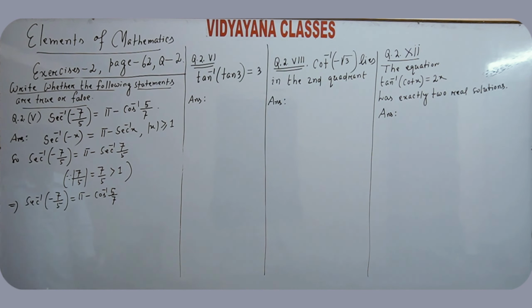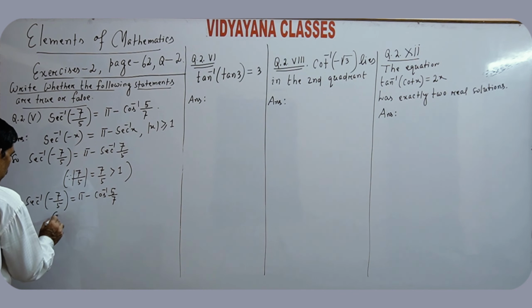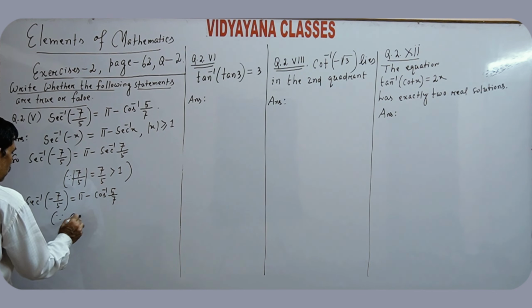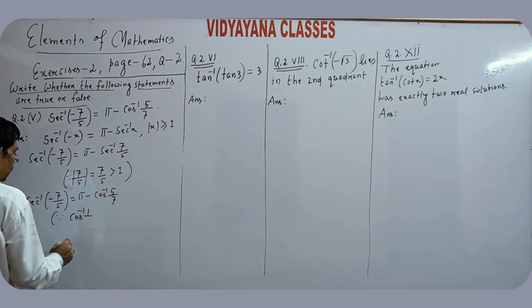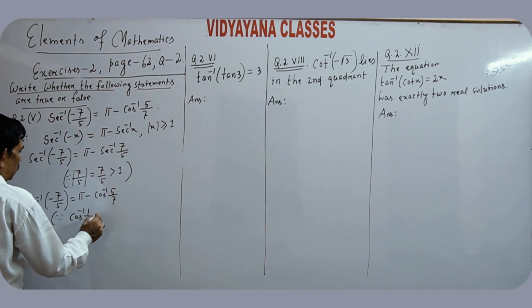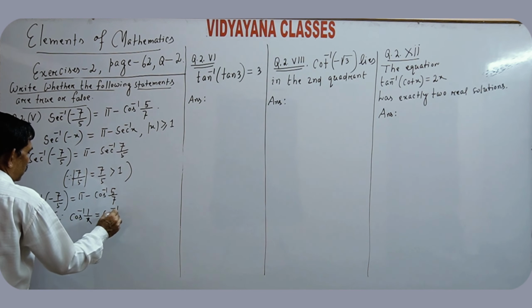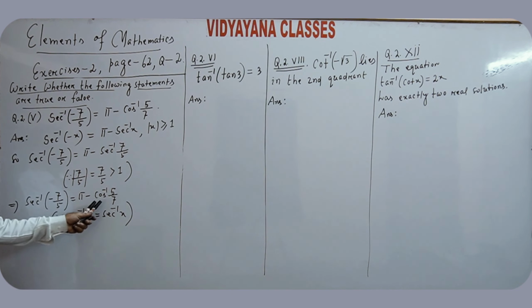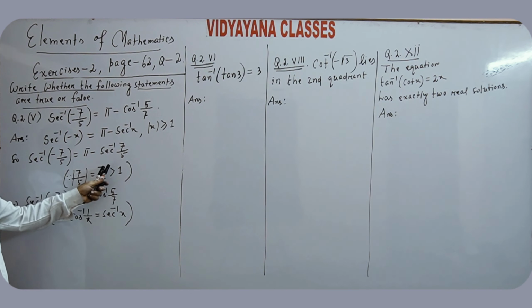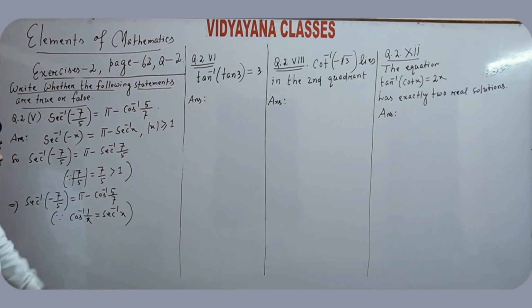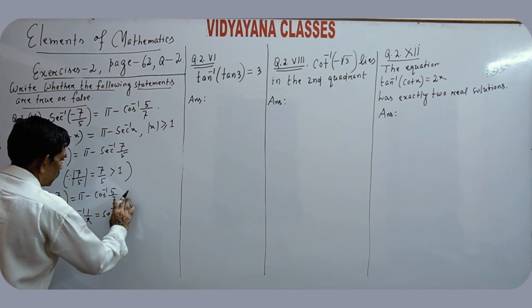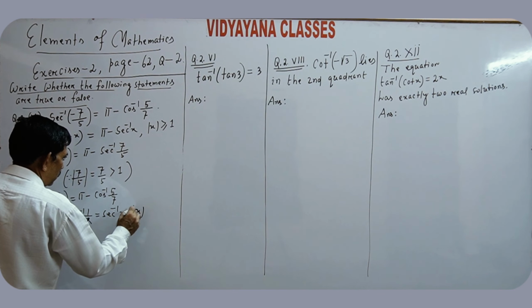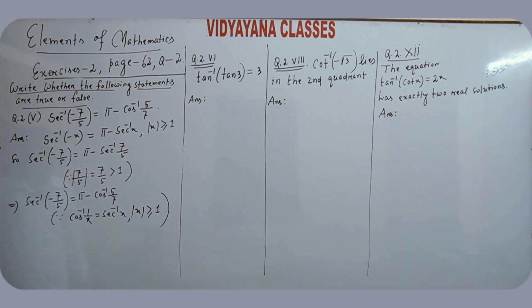Since cos inverse 1 by x is equal to sec inverse x, cos inverse 5 by 7 is equal to sec inverse 7 by 5. Here x means 7 by 5.